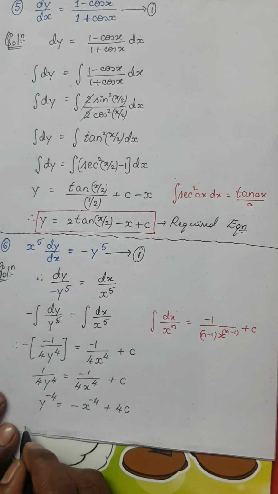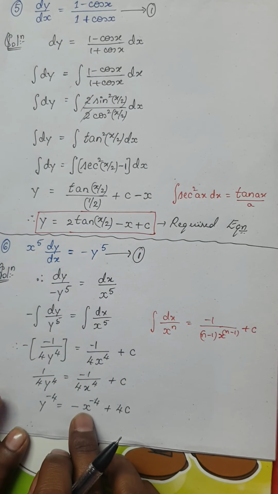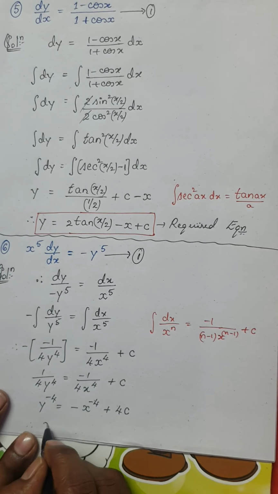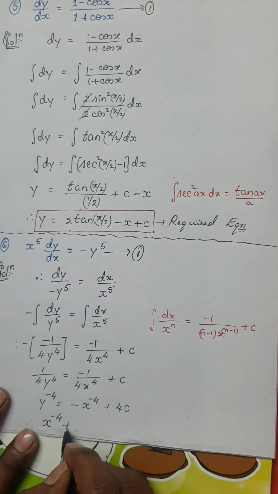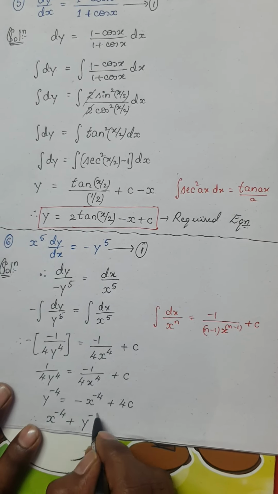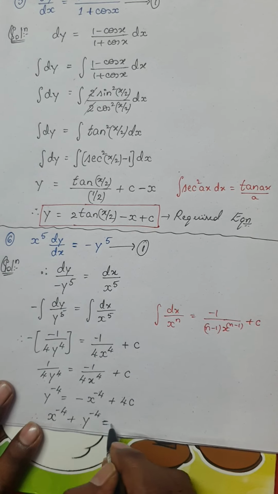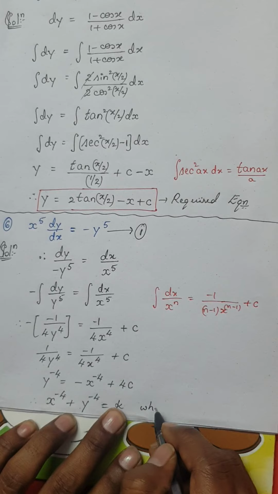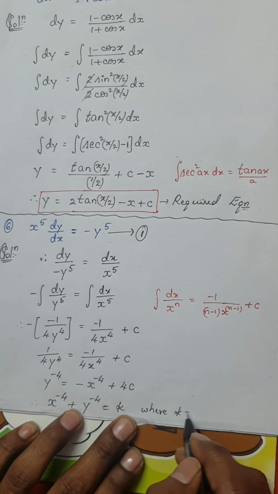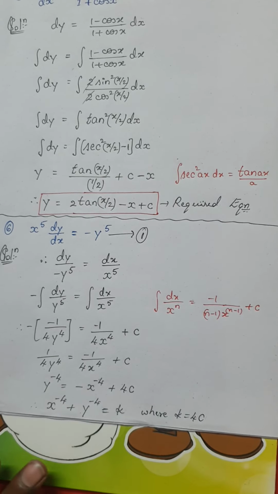Because this term is negative, I'm going to bring it to the left hand side. So x plus y power minus 4 is equal to, let me take a constant k, because again there is a constant, where k is equal to 4 times c.